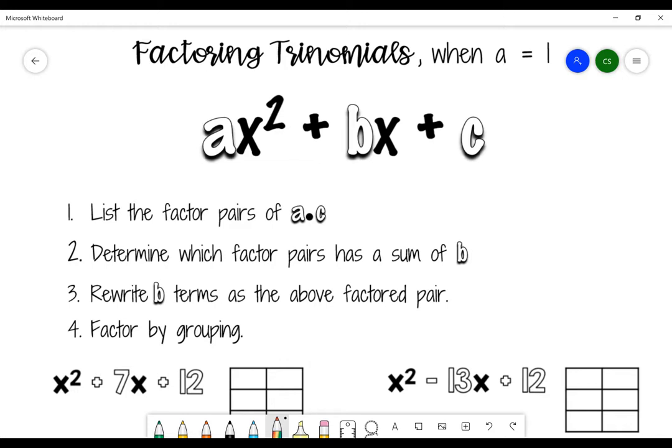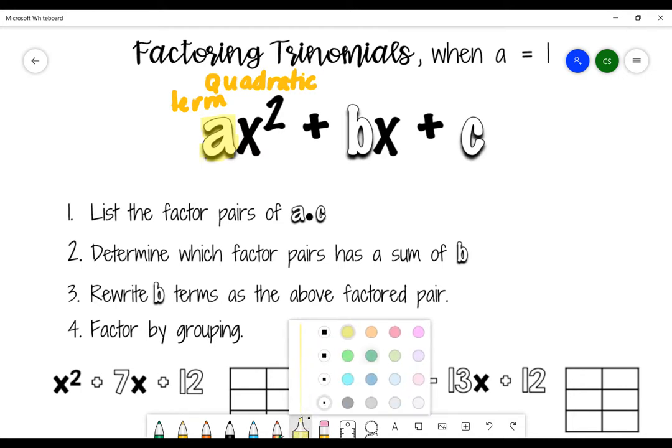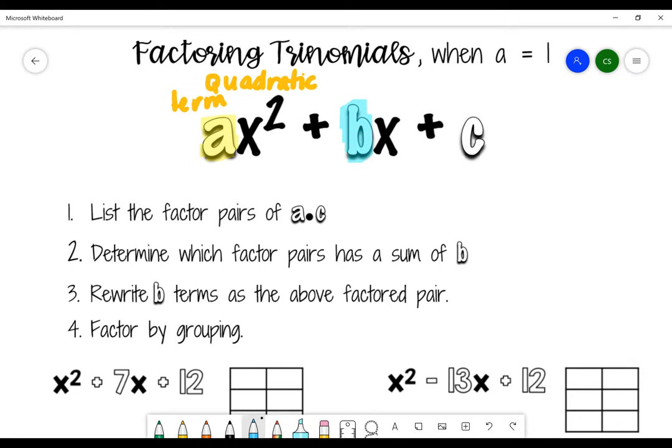So the standard form of a quadratic function is ax squared plus bx plus c, where a is the coefficient to my quadratic term, and b is the coefficient to my linear term, and c is my constant.